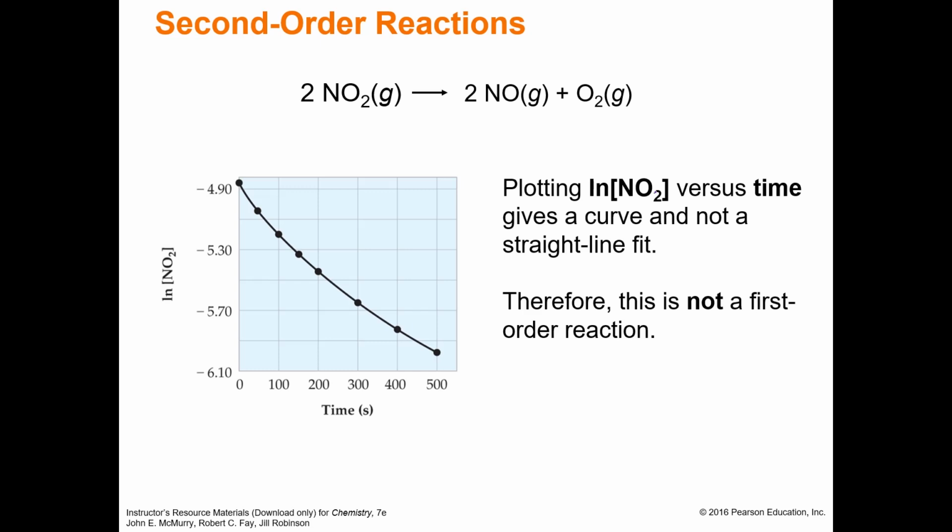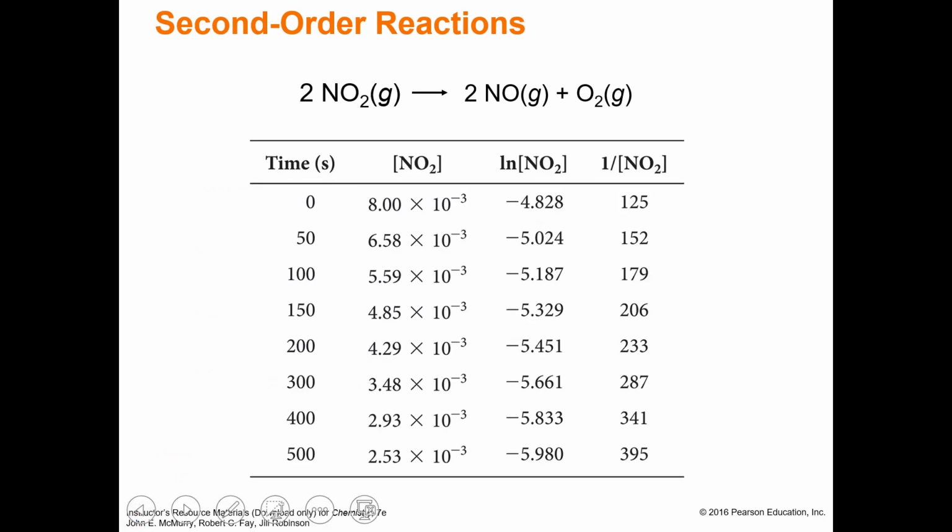When you're trying to determine if something is second order or first order, you can make a plot of the natural log of the concentration of the reactant and 1 over the concentration of the reactant. The one that is the straight line gives you the order of the reaction, because if that's the correct order, then plotting 1 over NO2 or natural log of NO2 would give you a straight line.